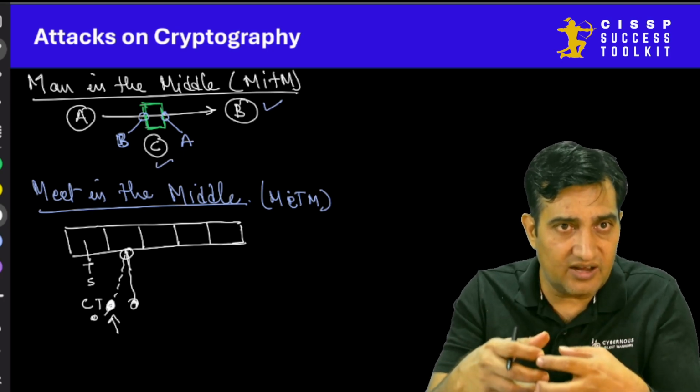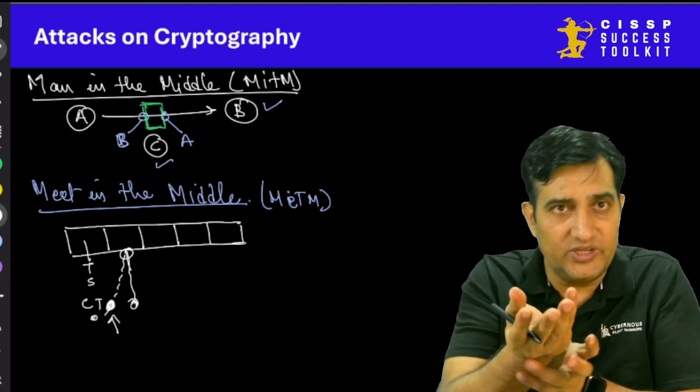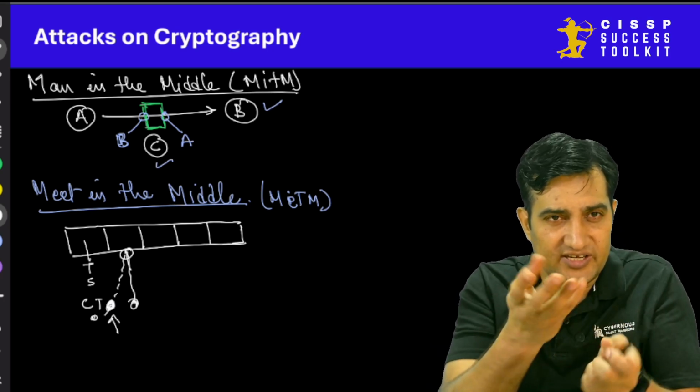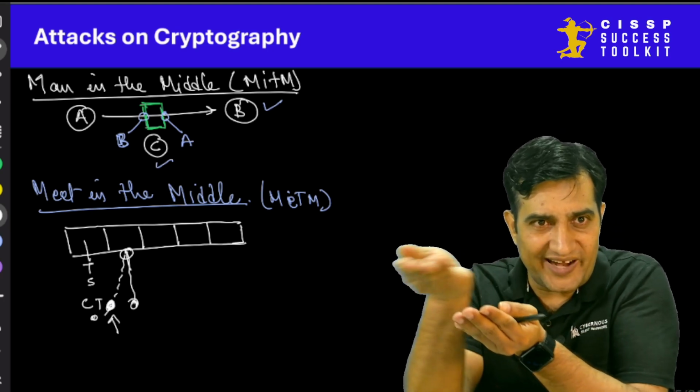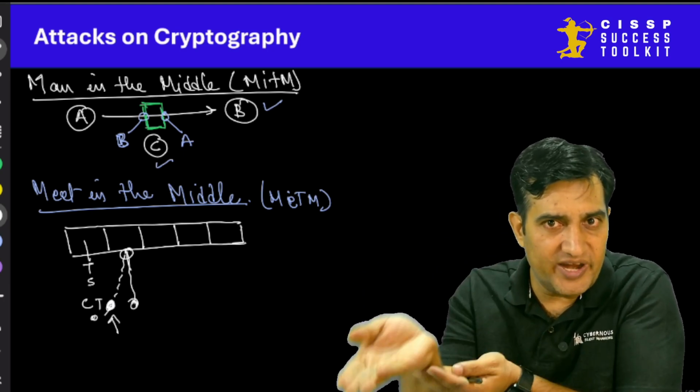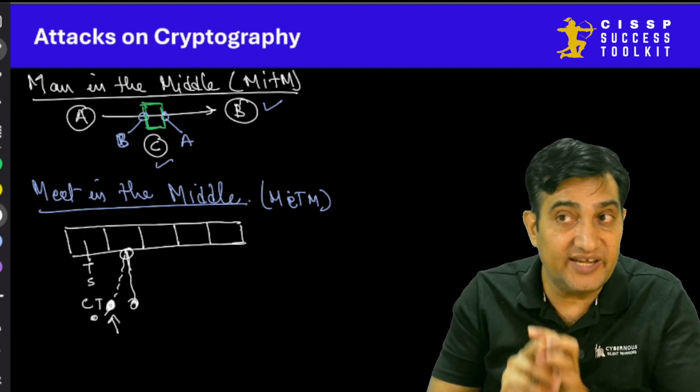When the attacker is able to get into the crypto system and get the raw data between the processing, and based on that he is able to break a crypto system, it is called a meet in the middle attack.